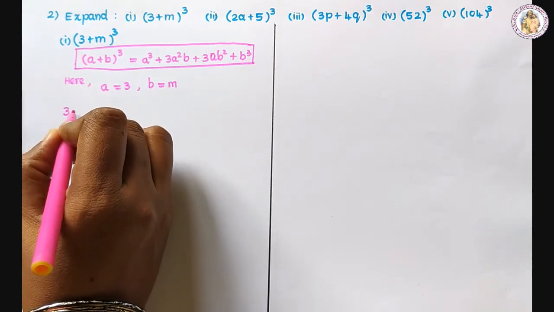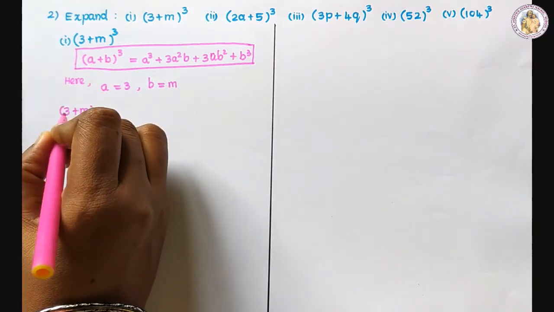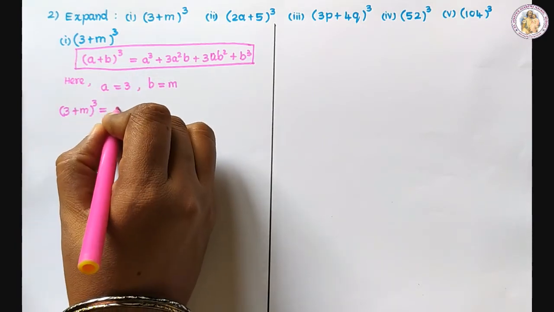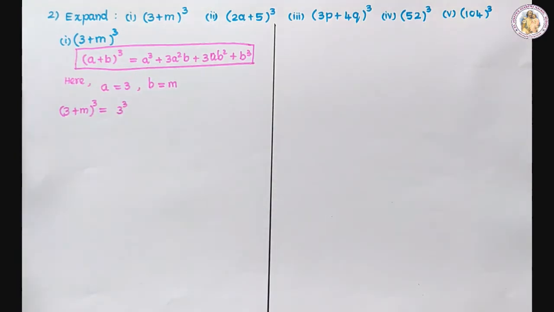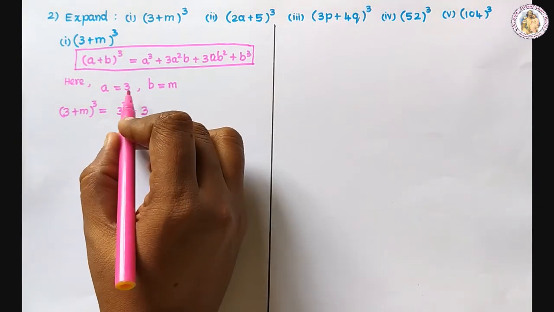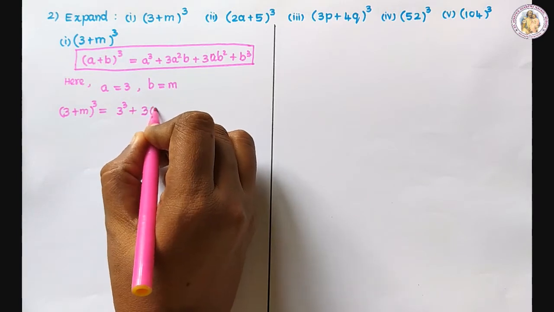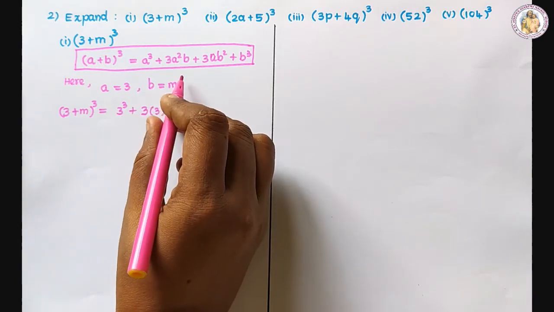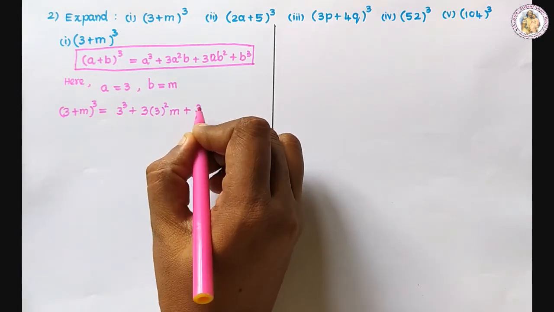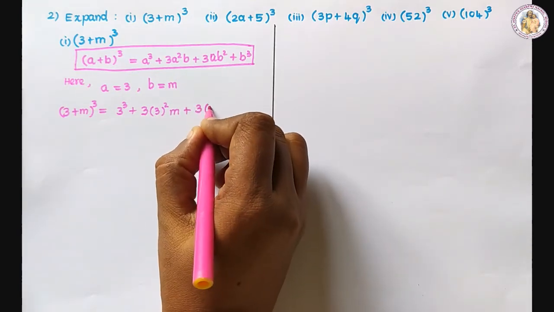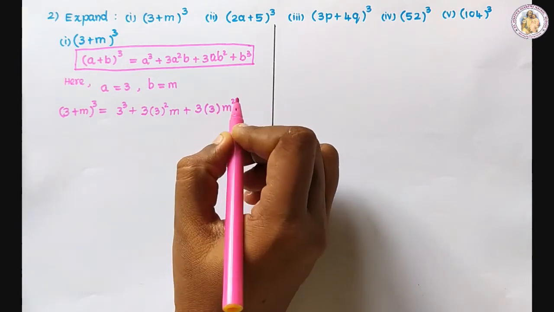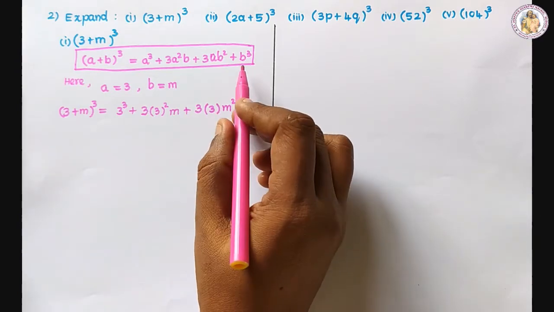Now expand the formula. (3 plus m) whole cube equal to a cube, so 3 cube, plus 3 into a squared means 3 squared into b, m, plus 3 into a, 3, into b squared, that is m squared, plus b cube.